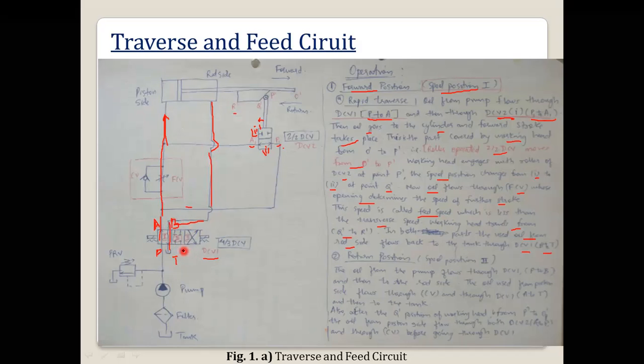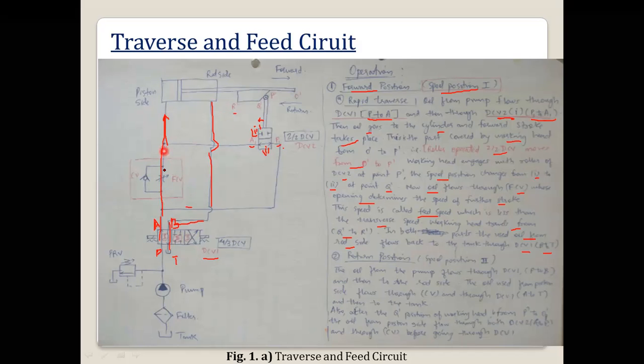So in this way, in the forward stroke we have two speeds: the rapid traverse, that is fast speed, and the slow speed. The slow speed we can control by using the flow control valve.